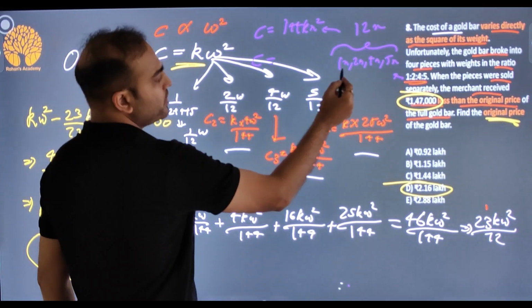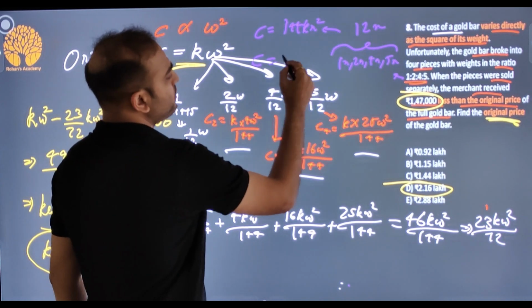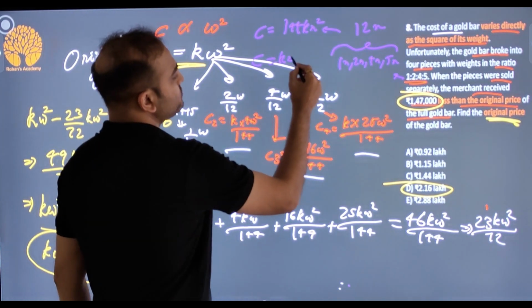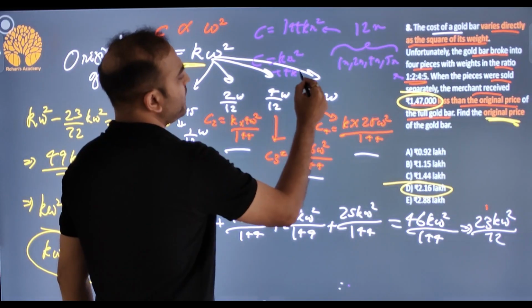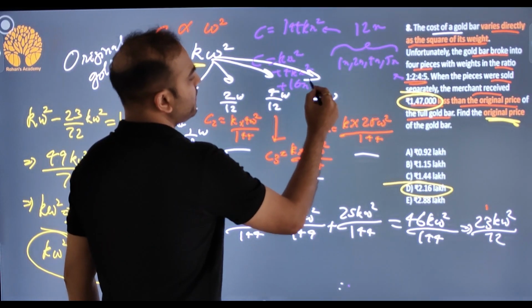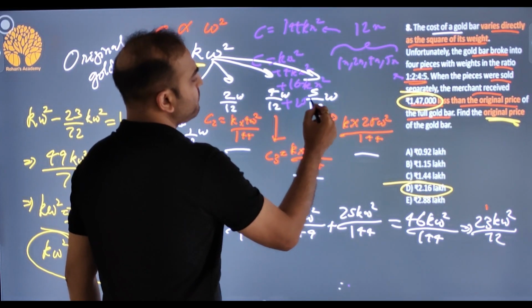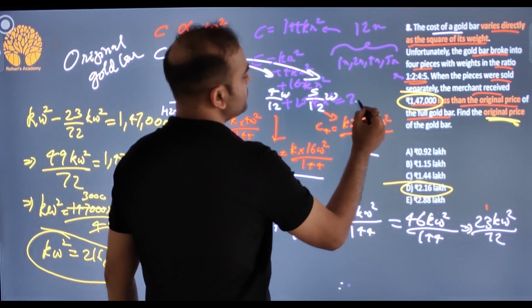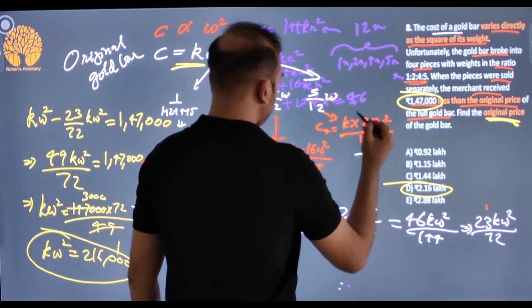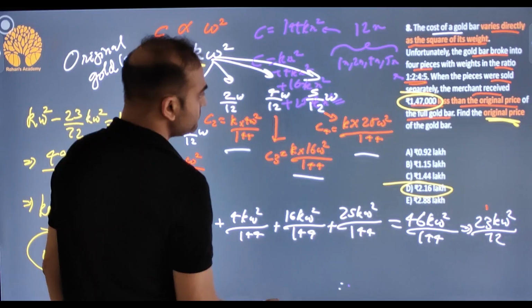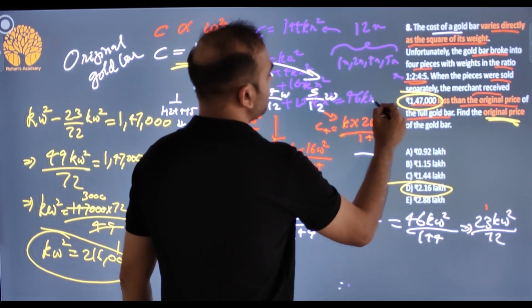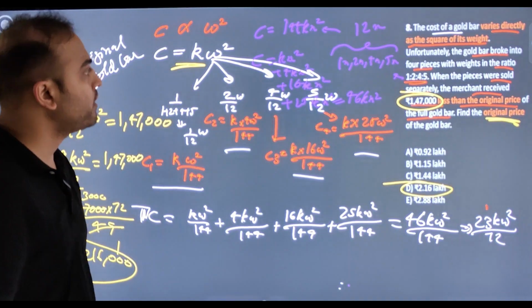And the new cost will become kx square plus 4kx square plus 16kx square plus 25kx square, which is 46kx square.